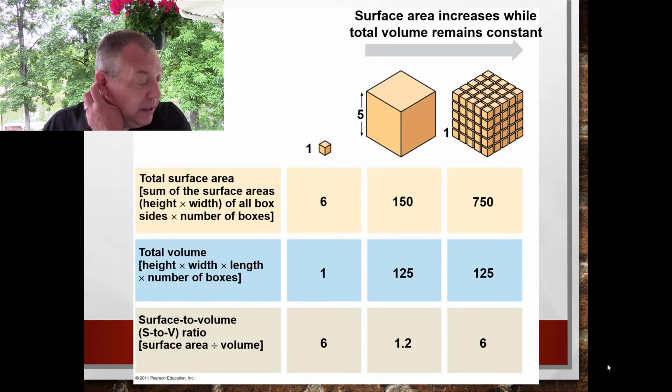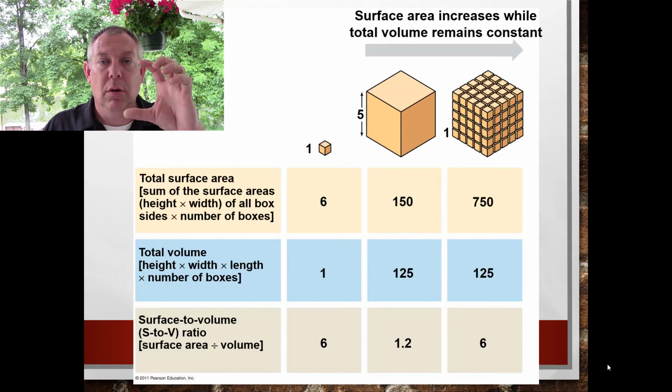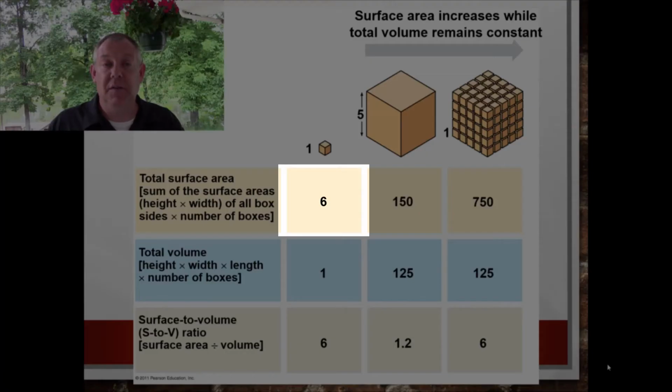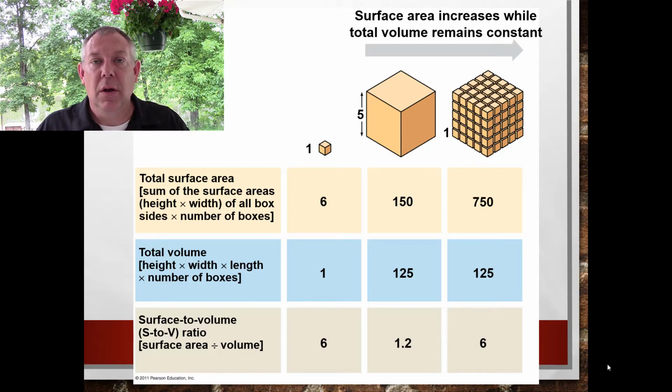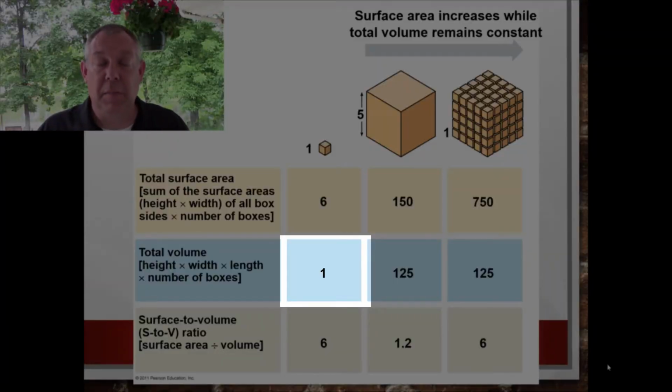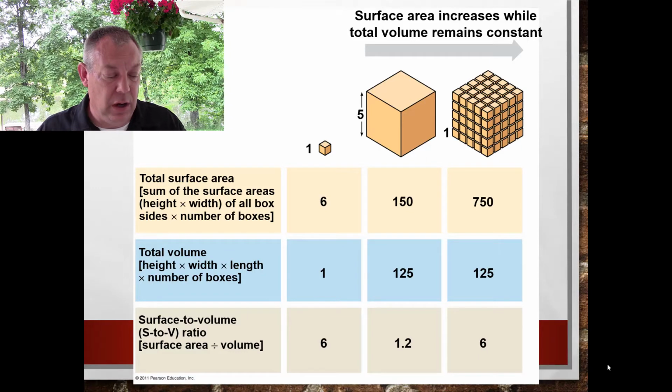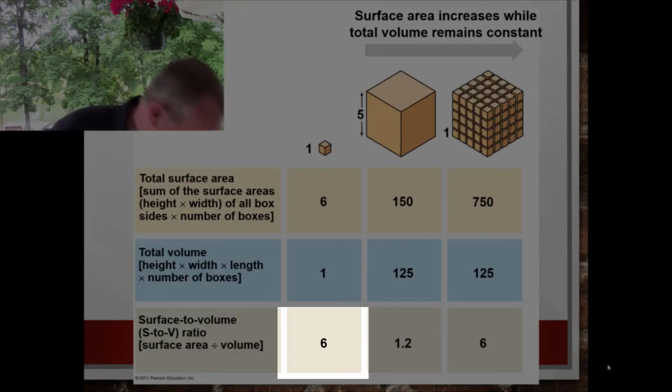If you calculated the total surface area of that cube, each side is 1 square centimeter, and there are 6 of them, so the total surface area would be 6 square centimeters, right? The volume, the length times the width times the height, would be 1 cubic centimeter, right? And so the surface area to volume ratio is 6 to 1, or 6.